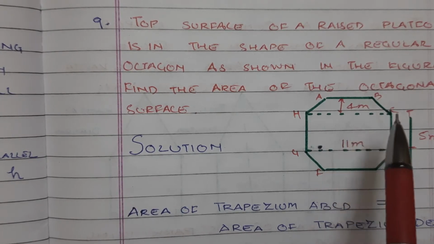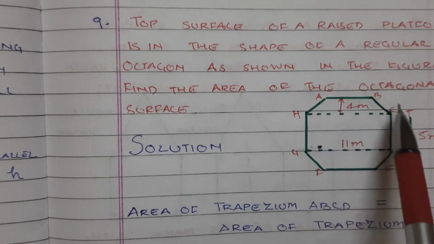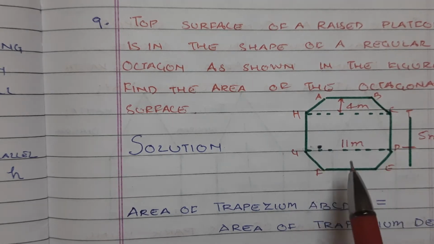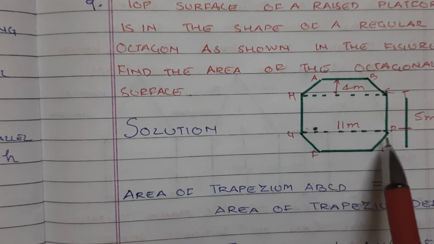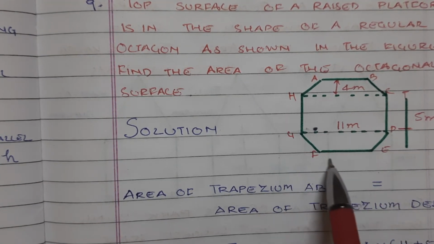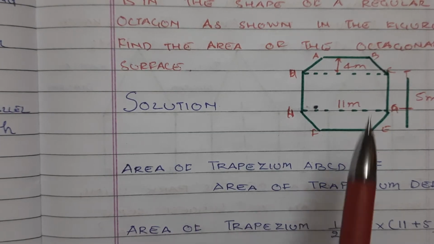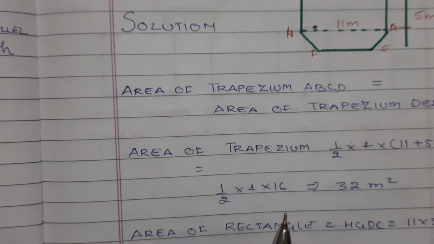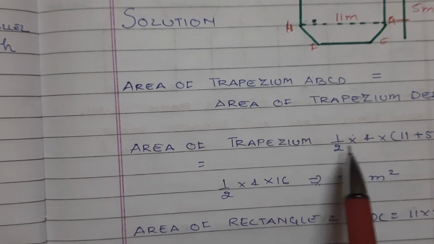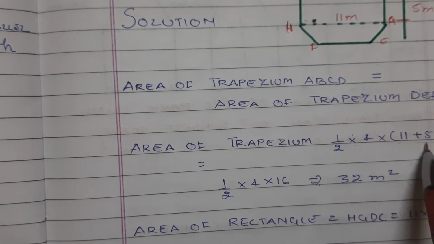As this is a regular octagon, the upper portion, that is the trapezium ABCH, will be equal to the lower portion, the other trapezium. So these two trapezium areas will be equal, and we know the area of a trapezium is half into the distance into the sum of the parallel sides.